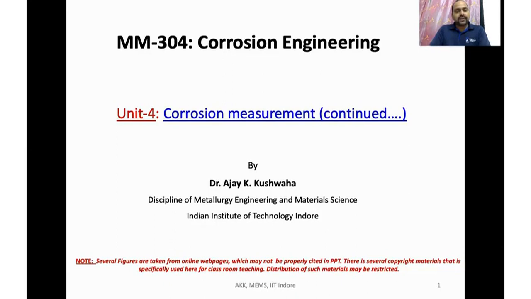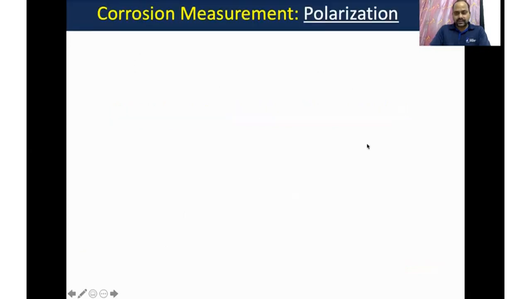Like by using the electrochemical technique, we can easily identify what kind of corrosion is there, or at least we can get a very good idea about the corrosion rate and some other parameters. So this is a very important topic here, and in this discussion we were talking about one theme, that was the polarization. We were talking about the electrochemical polarization.